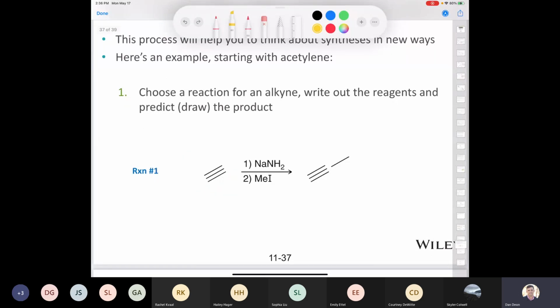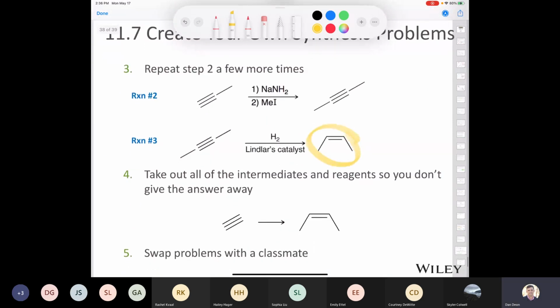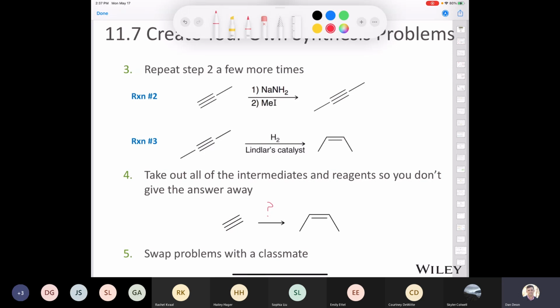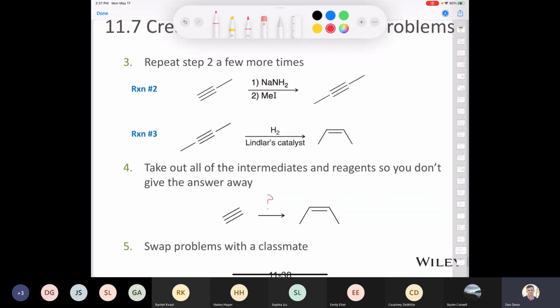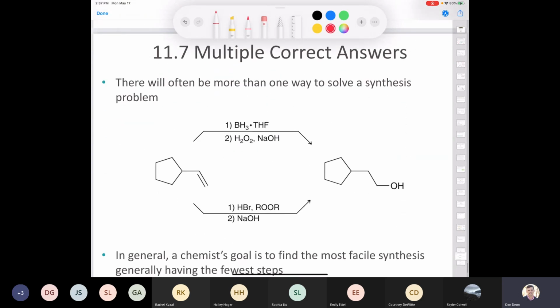You said, okay, if I treated that with these two reaction conditions, I end up making propyne, and then I could take that propyne and make it bigger and reduce it. Then you could hand that to a friend and say, how did I come up with this? It's just an idea. Again, I've never forced students to do it, and I don't know if many students have used this idea over the years, but I'm sure a few have along the way.